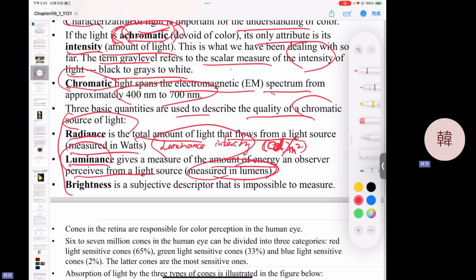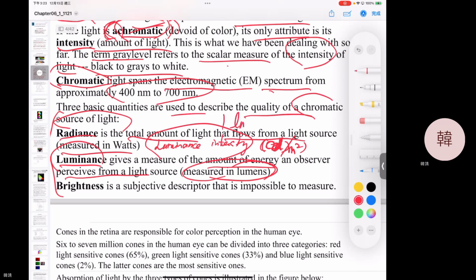So what is luminous flux, and what is the relationship between lumen and candela? Actually, 1 lumen is equal to 1 candela times steradian. The steradian is like a sphere, a ball. A ball has 4 pi steradians.